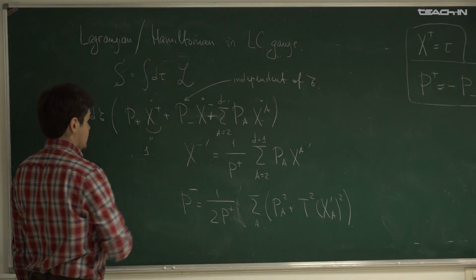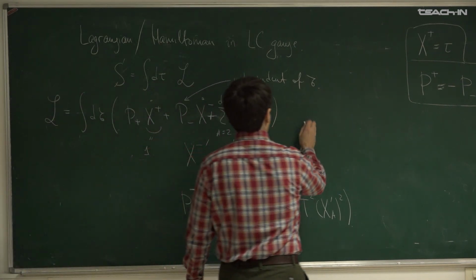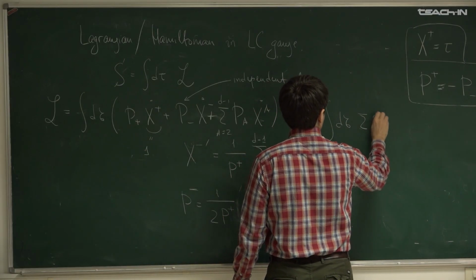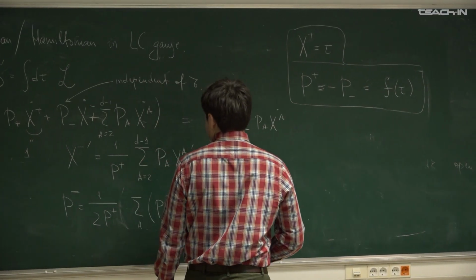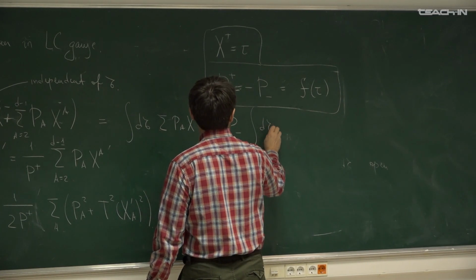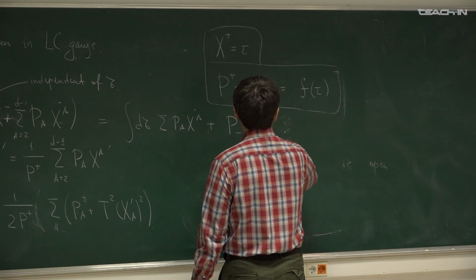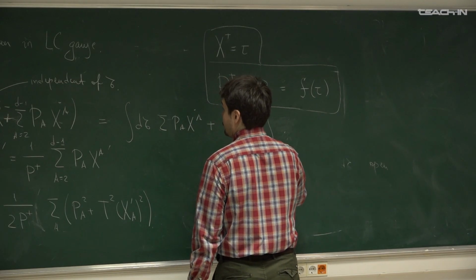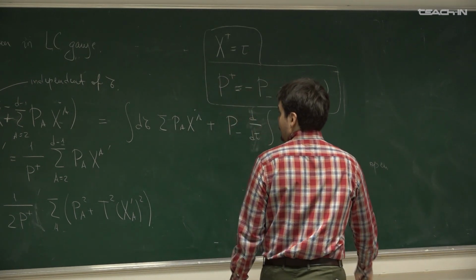So now we want to simplify this expression using that, and we're integrating over sigma, right? So what we have here is the integral d sigma p a x a dot. That's just how it was before. Plus p minus times the integral over d sigma of x minus dot. Or let's write this as d over d tau of the integral of x minus d sigma, right?